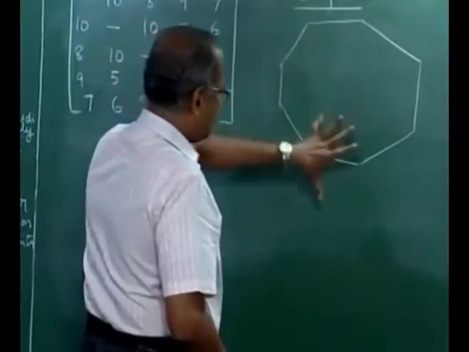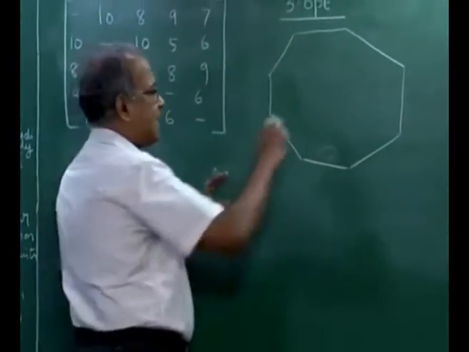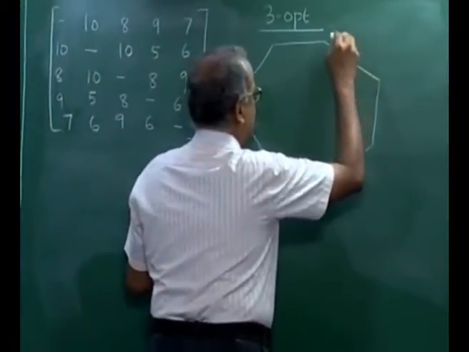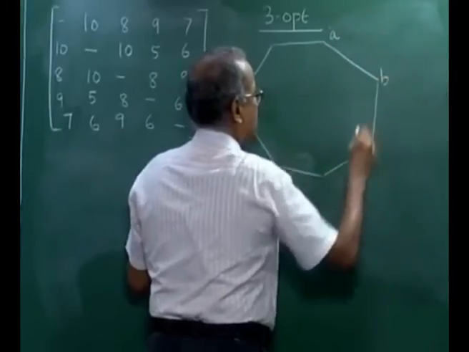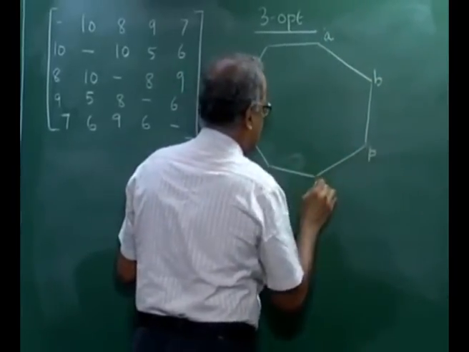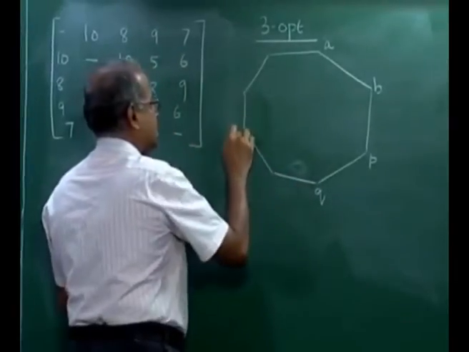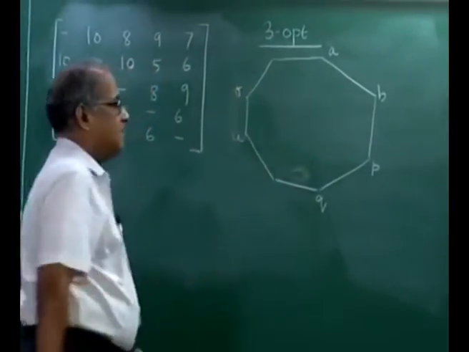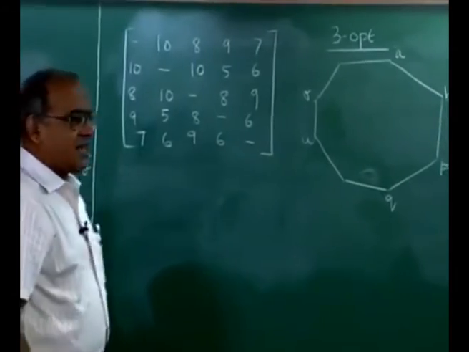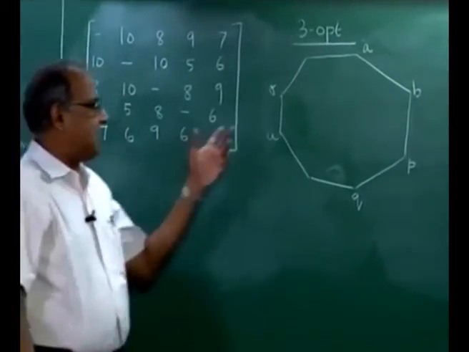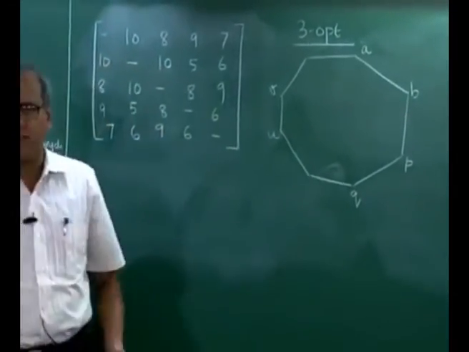Now, I take a solution like this, and then I take one of these pairs as AB, another pair as PQ, and the third pair as UV. Now, we realize there are 8 nodes. So, AB, PQ, UV can be chosen in many ways.